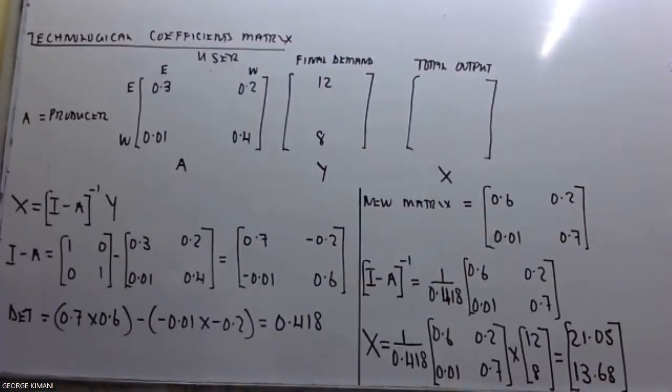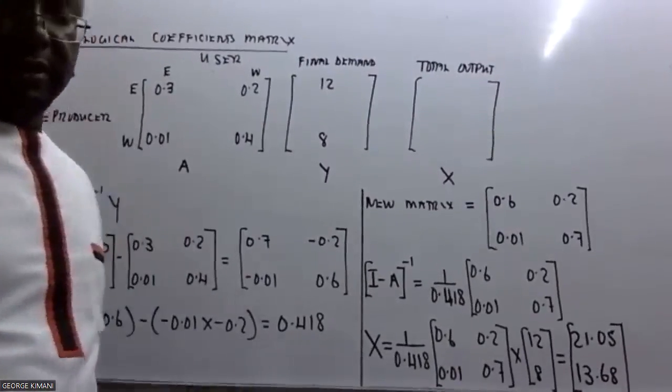Then I multiply this by final demand to get total output. Okay, perfect.